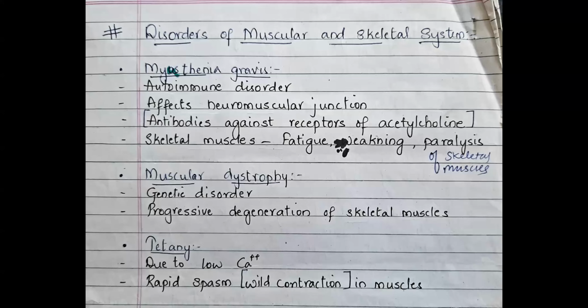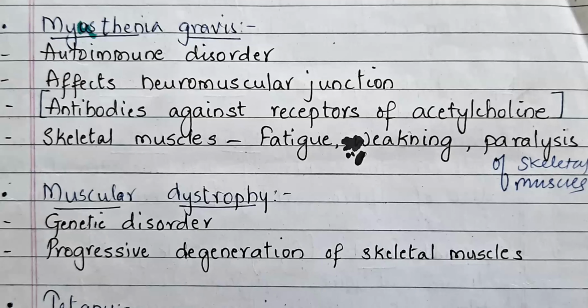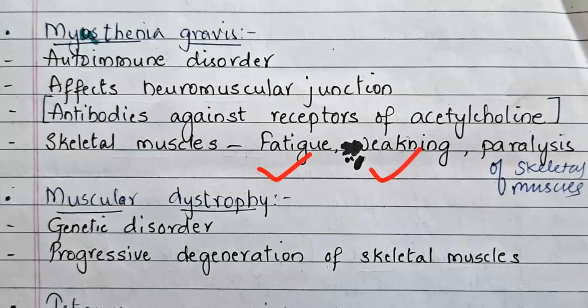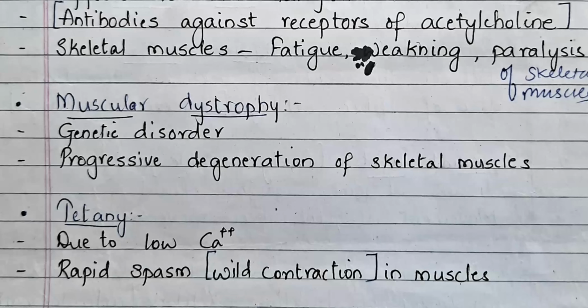And in this scenario, person will suffer from sort of paralyzed condition. Muscles will not be moving properly, contracting properly. There'll be a fatigue condition, weakening of muscle activity, and gradually paralysis of skeletal muscles occurs. This is called as Myasthenia Gravis.